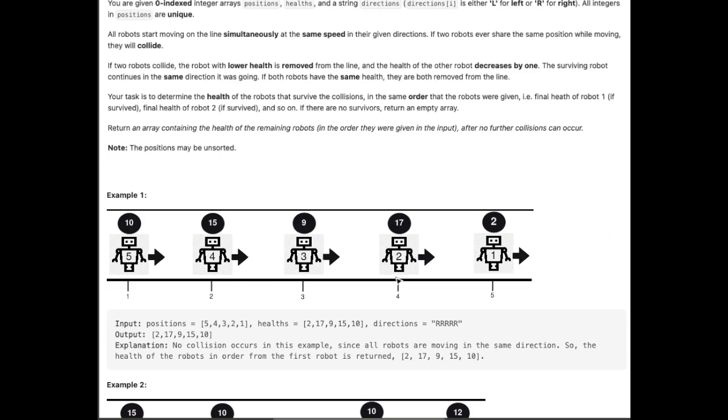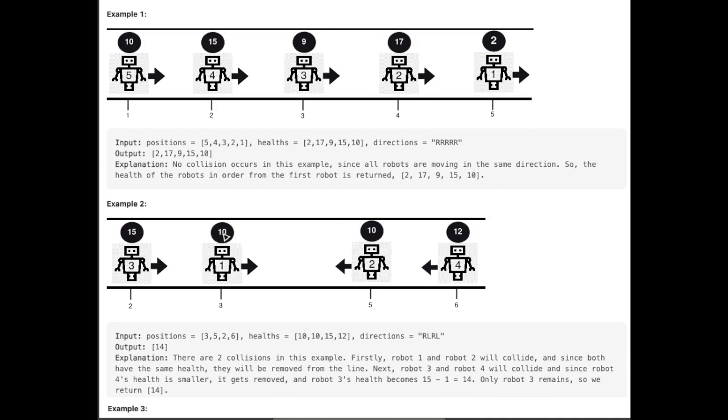Assuming that you are at a certain position, for example, some robot in here is going right, and there's another robot in here which is going left. In that case, these two robots will collide.